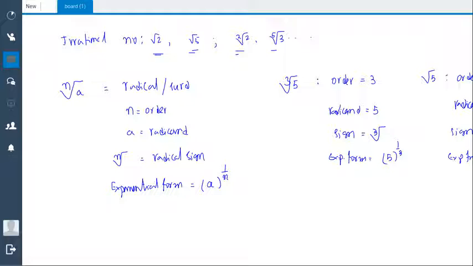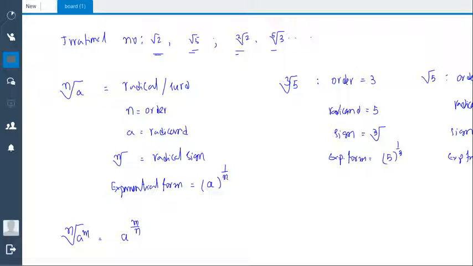Now, I will extend this a little more. Nth root of a to the power of m, for example. That means the radicand also has a power m. How do you write this in exponential form? M by n.